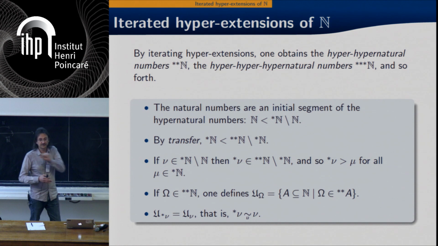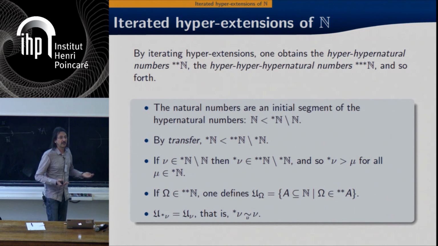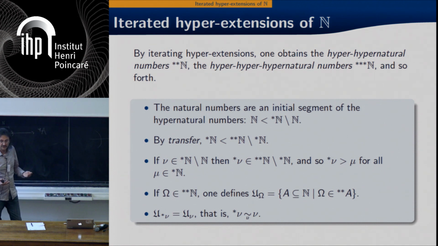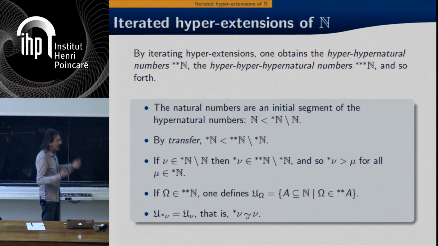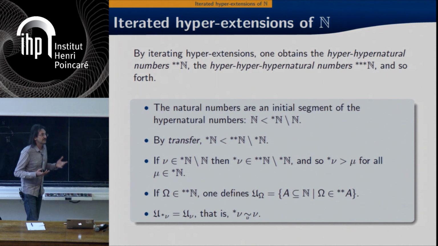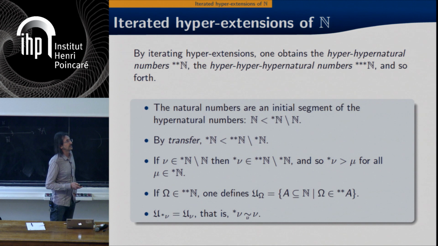We write down this first order property. Then we go to the second level non-standard extension, and we get that the hypernatural numbers are an initial segment of the hypernatural numbers, and so forth. So this looks like a game, but it's a formalism that I will use shortly.